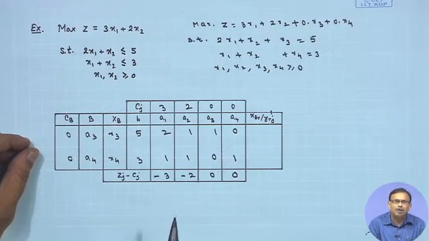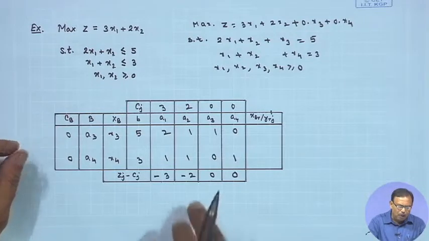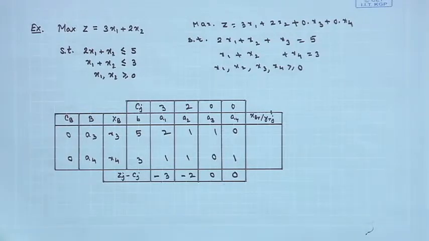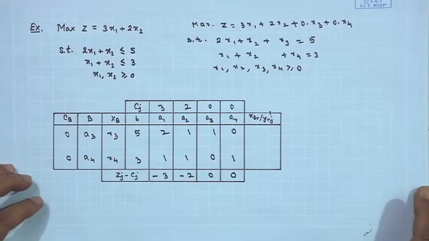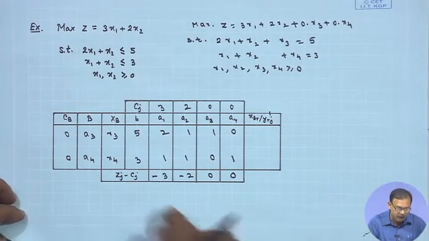Because the basic idea of the dual simplex method is that at each iteration z j minus c j must be greater than equals 0 and your feasibility condition may not be satisfied, that is, for some problems your x b may be less than 0. But for this case it is the opposite, that is z j minus c j is less than 0.